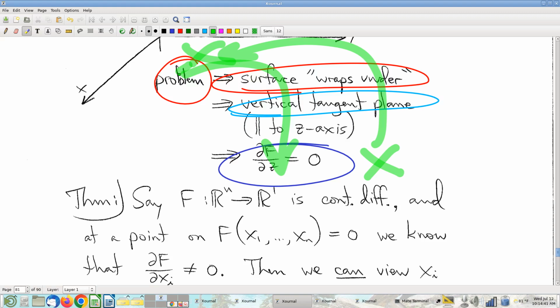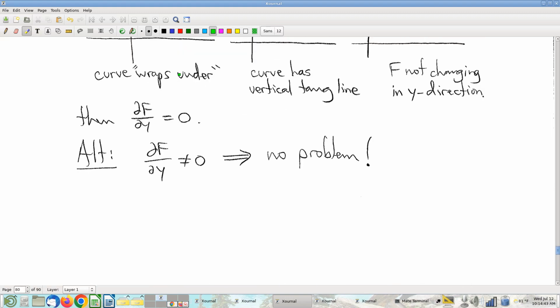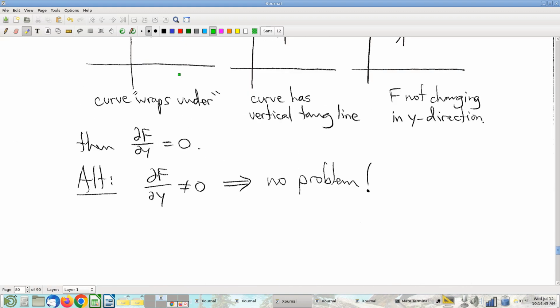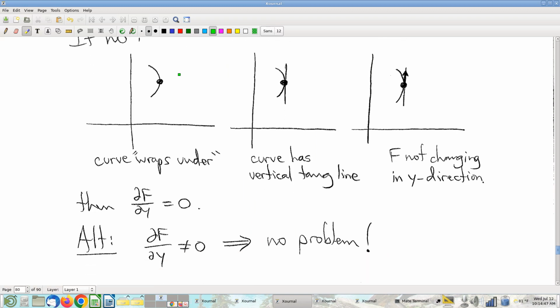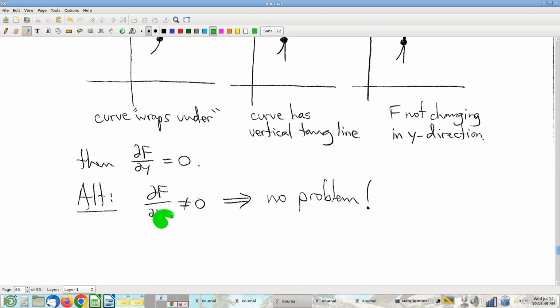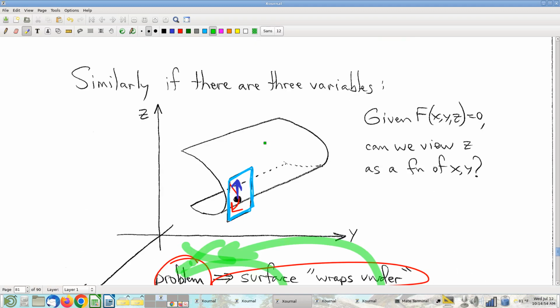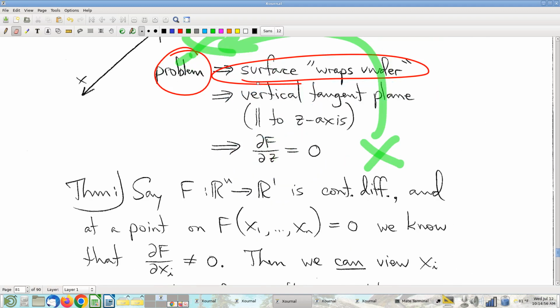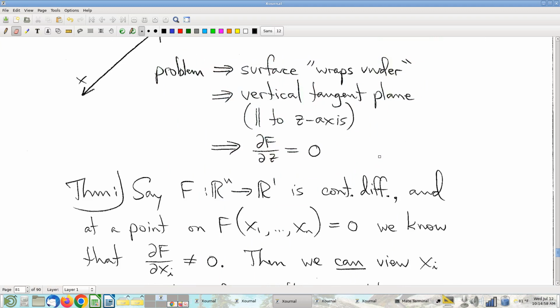This is totally analogous to our previous result. If you want to view y as being a function, then you need the y partial to be non-zero. Here, if we wanted z to be a function, we needed the z partial to be non-zero. And this generalizes.